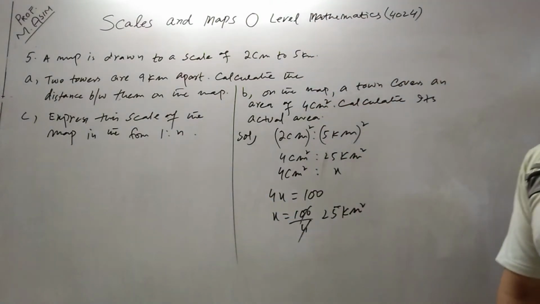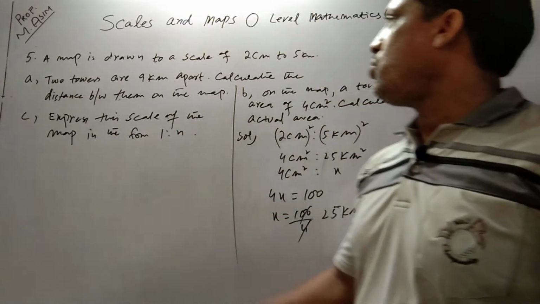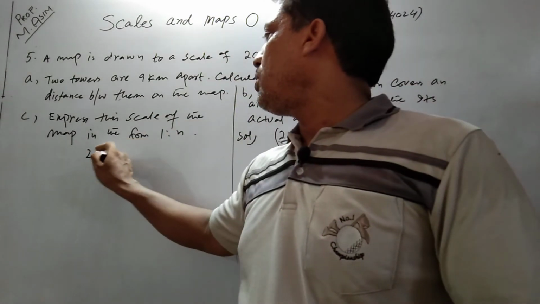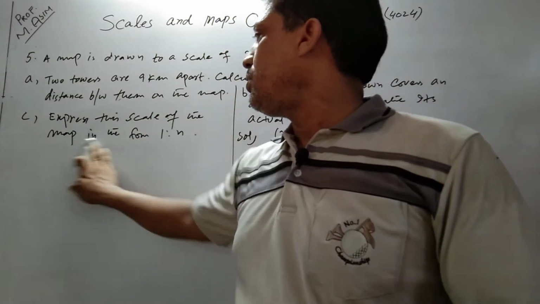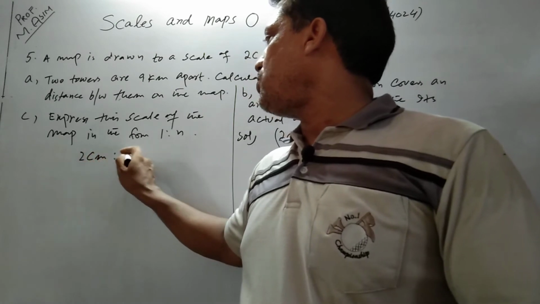Very easy. What is the scale? The scale is 2 centimeter to represent 5, 2:5. 2 centimeter is to 5 kilometer.